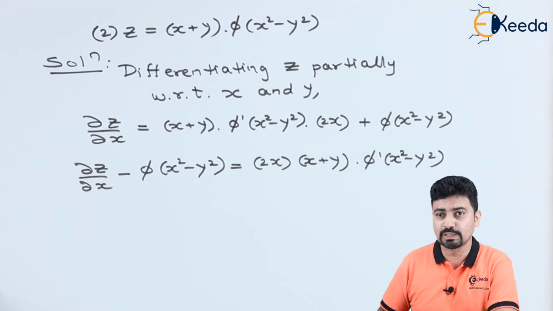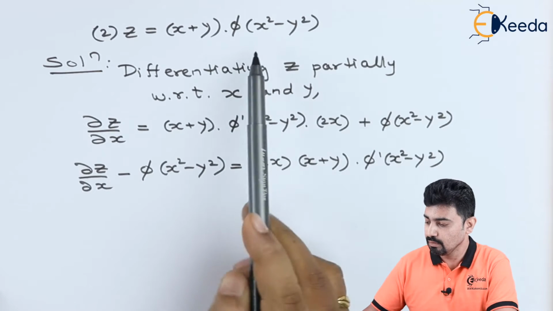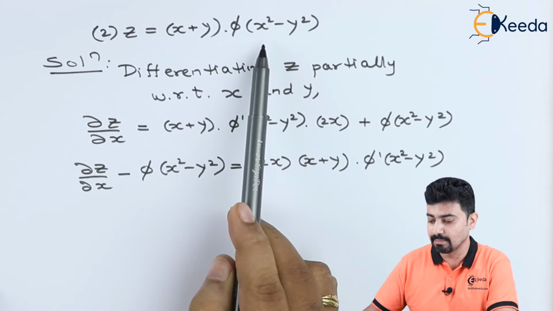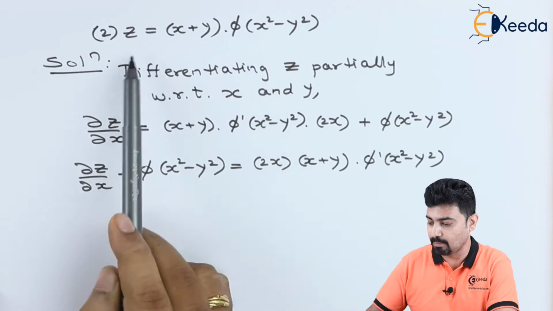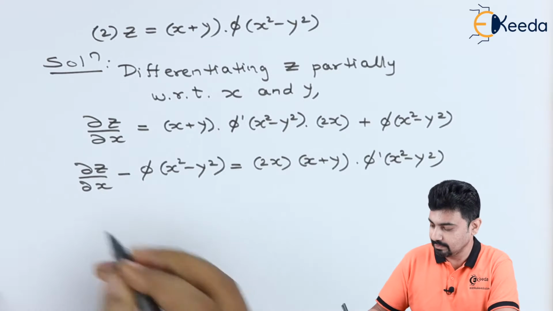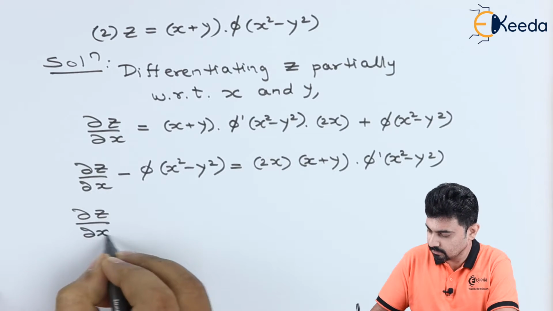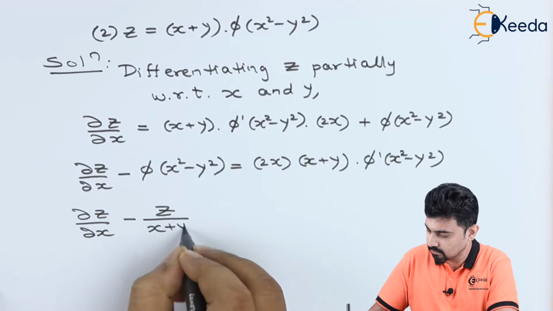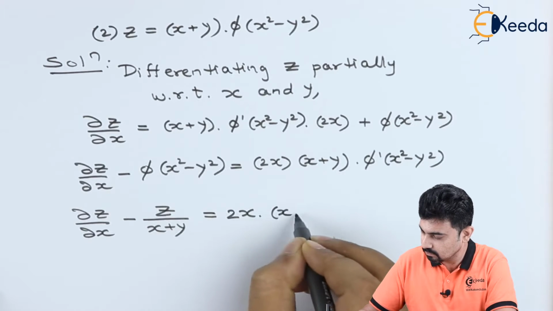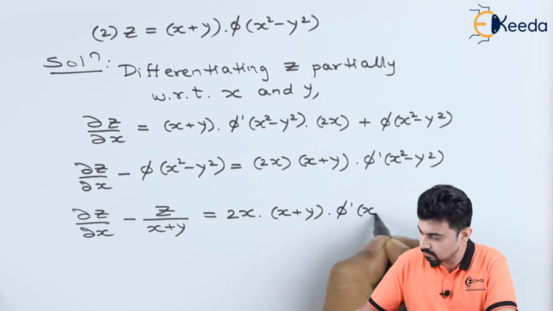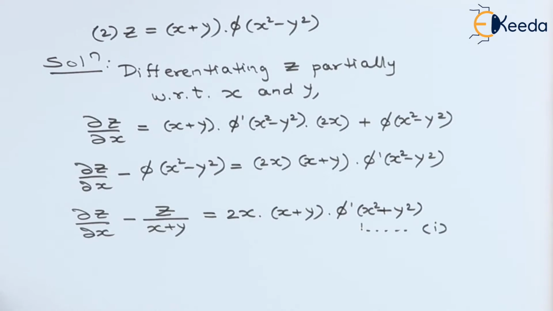Also from the question we can say that phi of x square minus y square is equal to z upon x plus y. So I will write this. Let us consider this as equation 1.